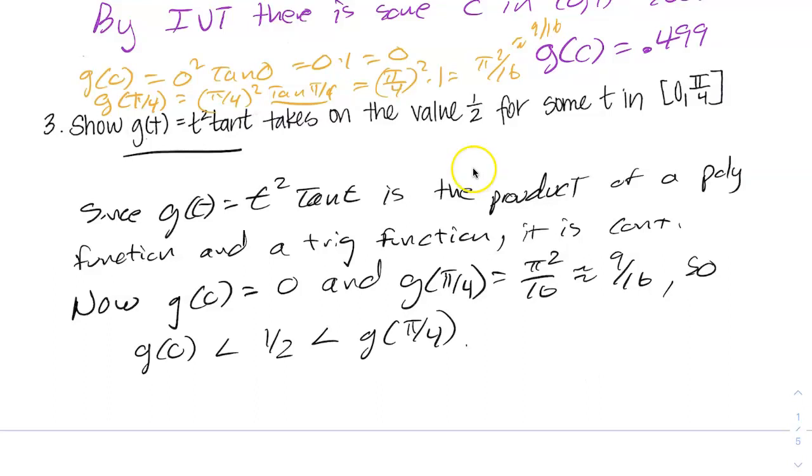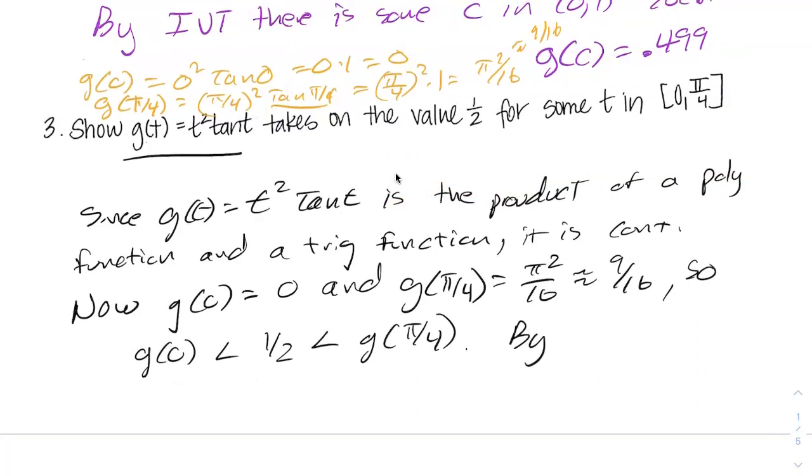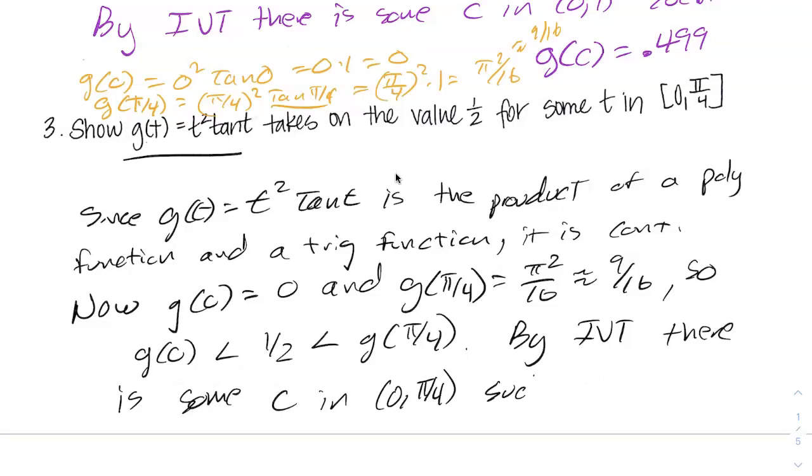So now we know that it's continuous, and the value falls between the two endpoints, so IVT does hold. So we go by IVT. There is some c in [0, pi over 4] such that g of c equals 1/2.